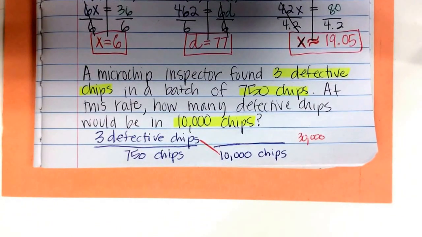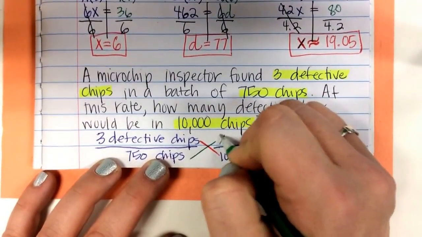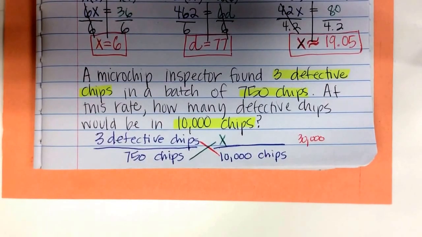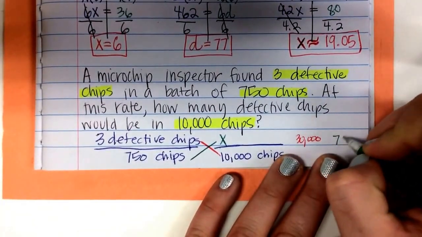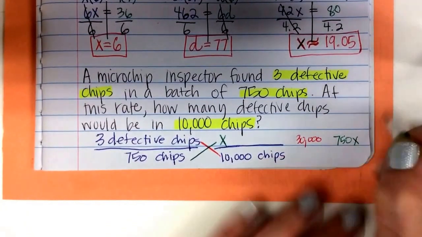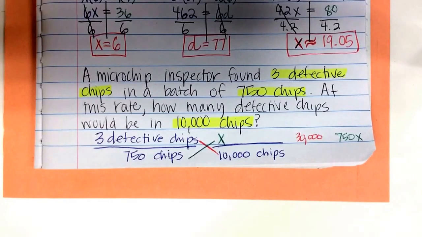So what's my other cross product? 750 times x. What is 750 times x? 750x. And what's my last step in a proportion?